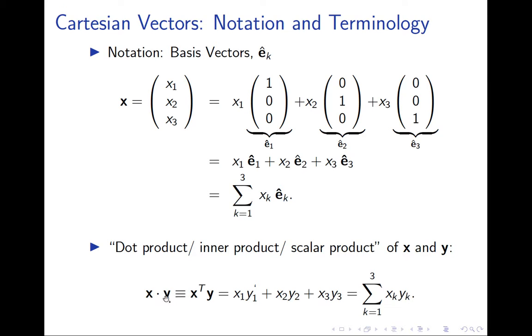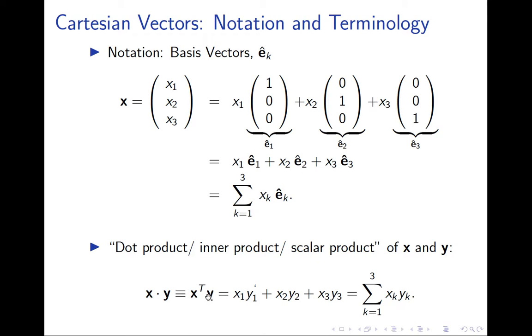That's why it's called a dot product. Sometimes it is also known as the inner product or a scalar product, because the result of this is a number. It loses the vector property. So x dot y is defined to be the row vector x transpose times the column vector y.